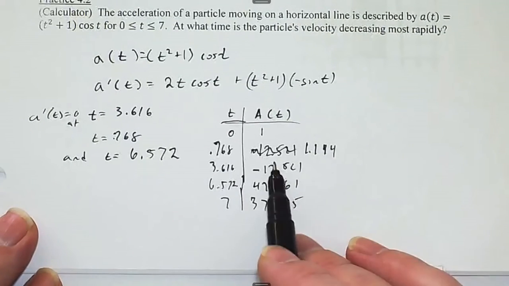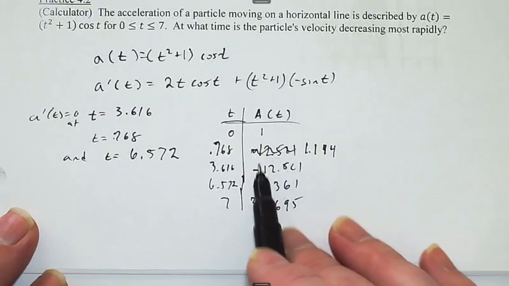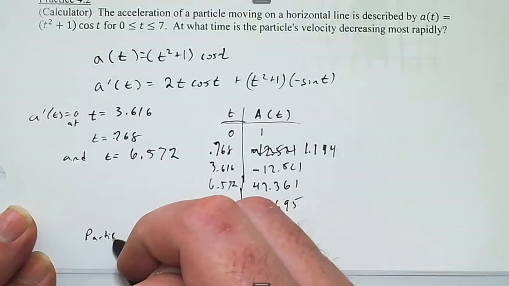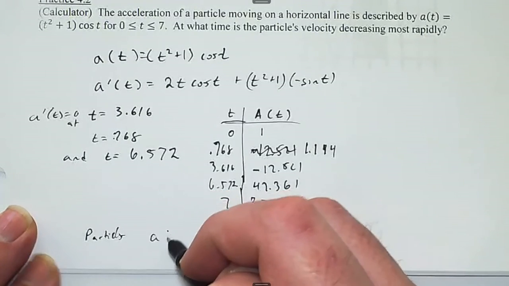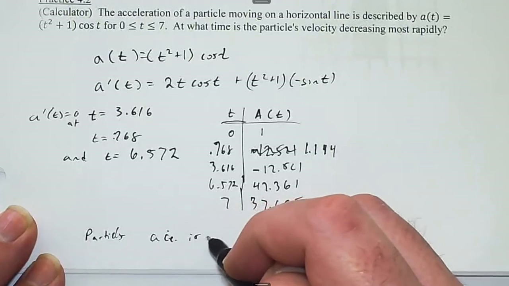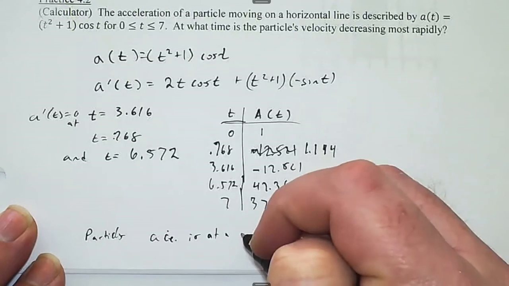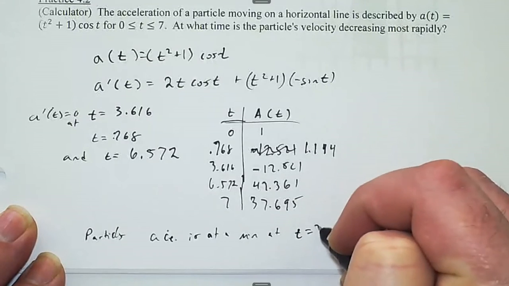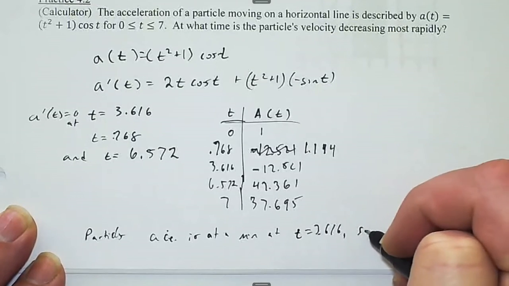It's actually only negative once, but this is a minimum of the acceleration. So the particle's acceleration is at a minimum at t equals 3.616.